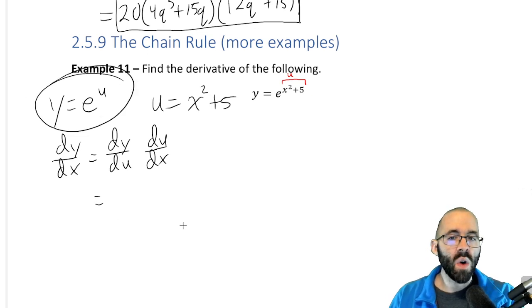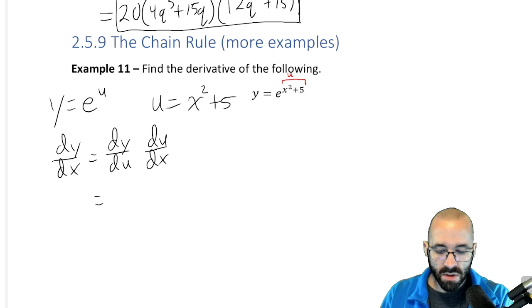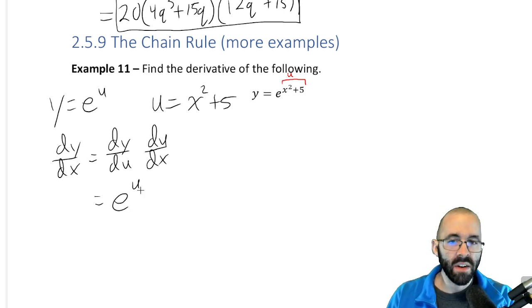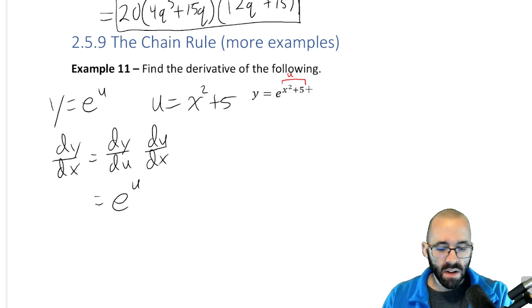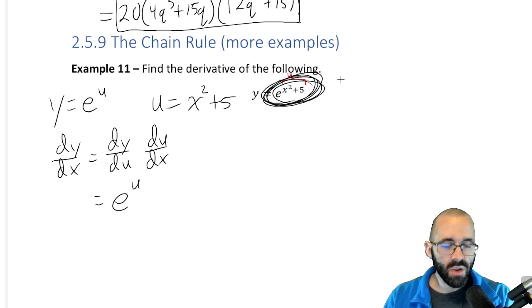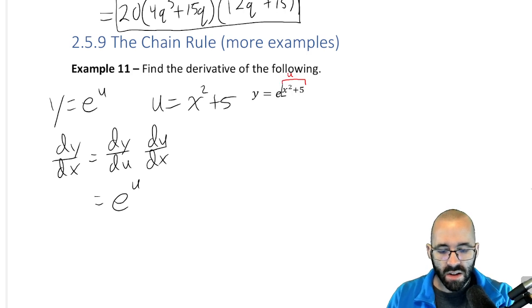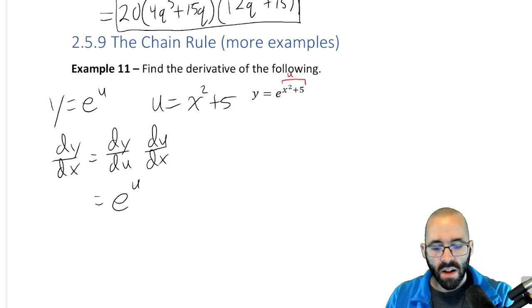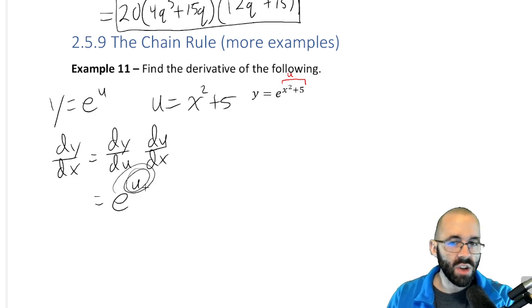What's the derivative of y with respect to u? What's the derivative of y where u is our variable? The derivative of an exponential function is itself. Now, we couldn't just say the derivative of this exponential function was itself, because there's a lot more going on in here. The property is only when the exponent is just a variable.